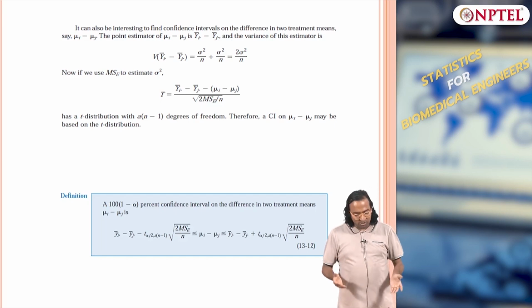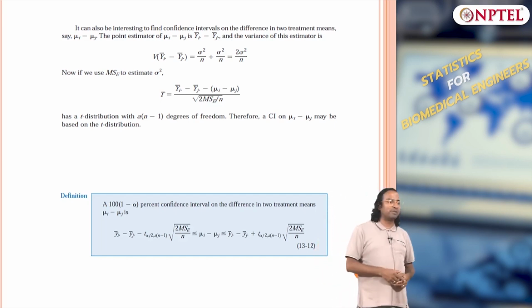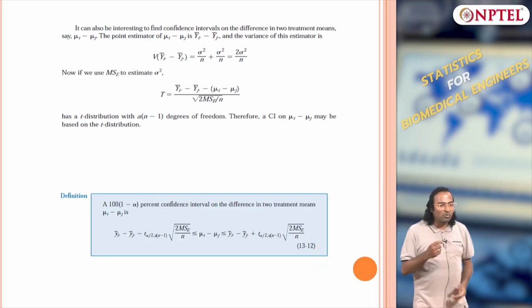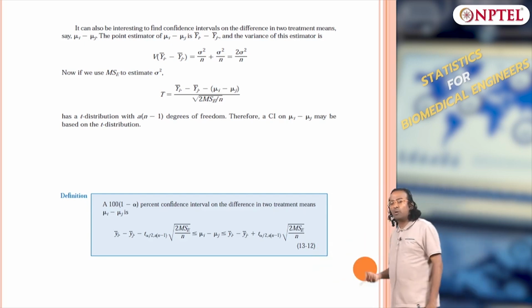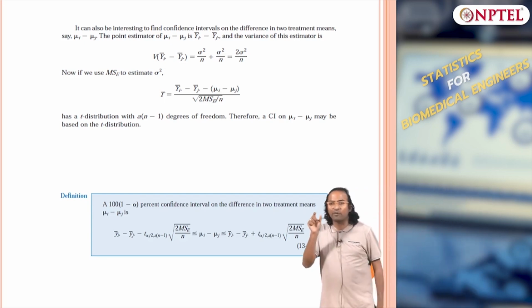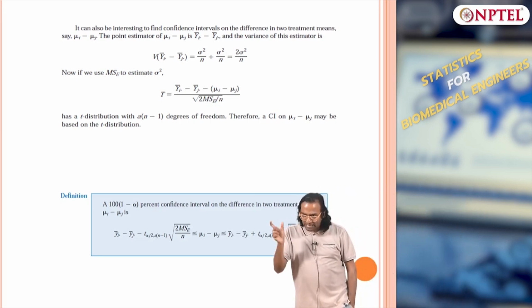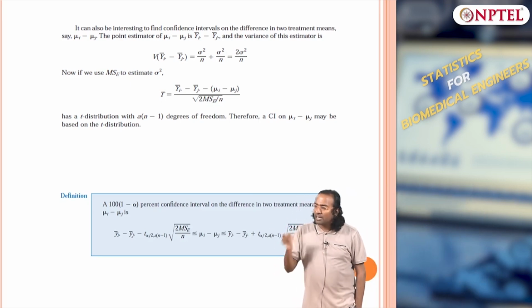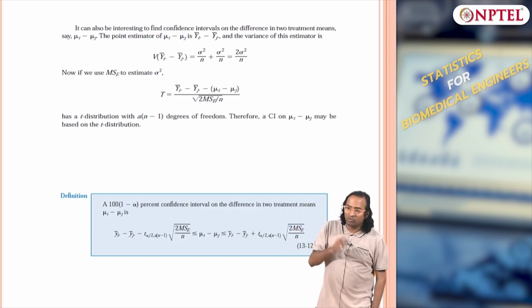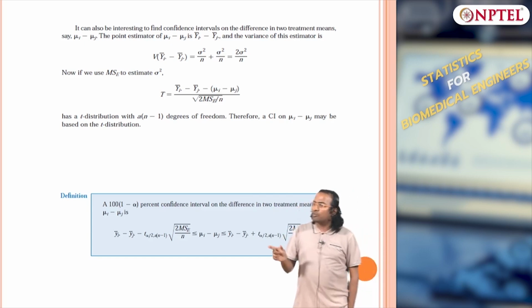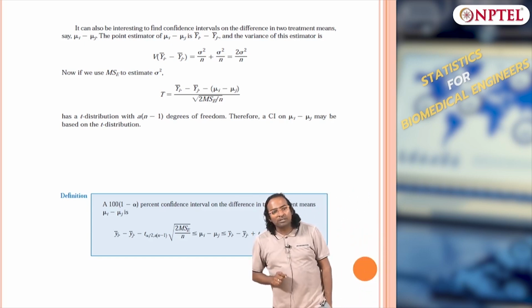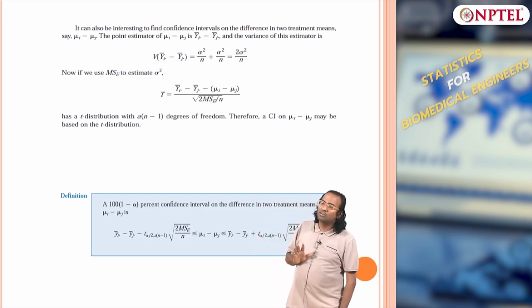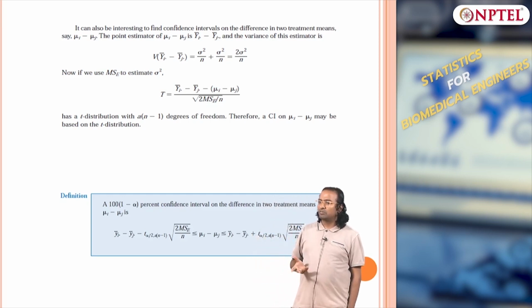So you will have 2 sigma square, which is 2 MSE, divided by root n, that is all. You can now do single population and 2 population tests also, that is you can check whether an individual mean is greater than 0, you can construct a confidence interval first and then check whether an individual mean is greater than 0, you can do hypothesis testing, or you can check whether the difference between the 2 treatments is greater than 0 or equal to 0.